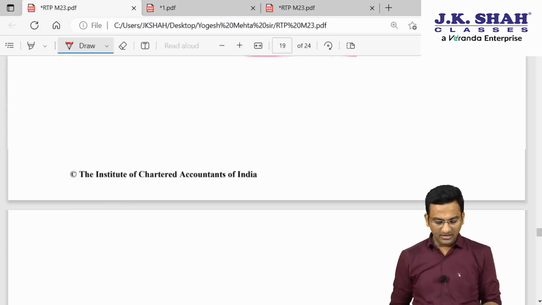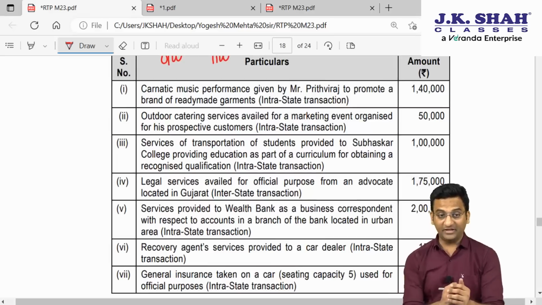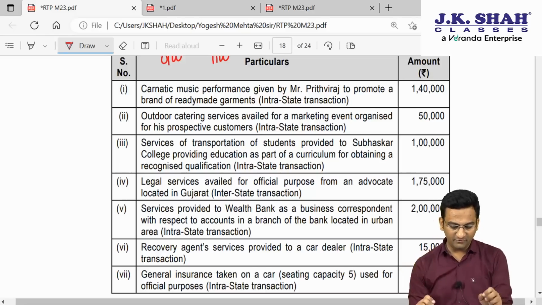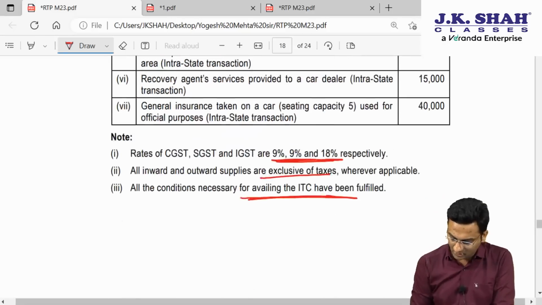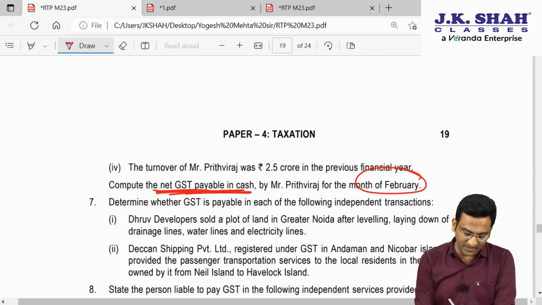Now, let's have a look at the adjustments or the details given in the table, friends. There are in total 7 adjustments given, and first of all, what we have to calculate is the net GST payable. And how will you compute the net GST payable?